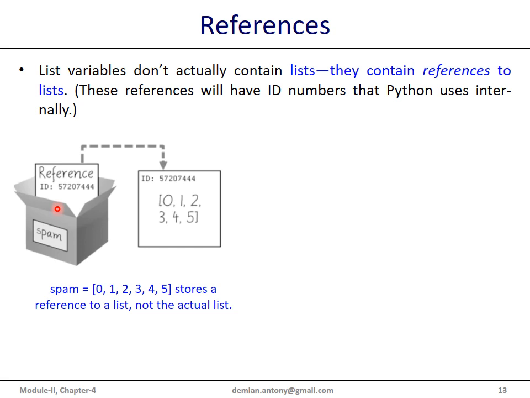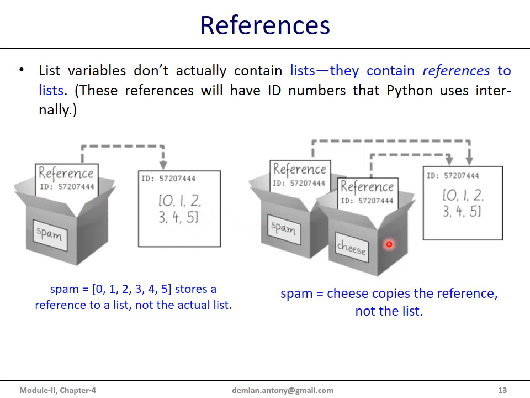Actually it is the base address of the list. And if you assign spam to cheese, what exactly we are doing is creating another reference, a variable which holds the same identifier of the list containing 6 elements, 0, 1, 2, 3, 4, 5.